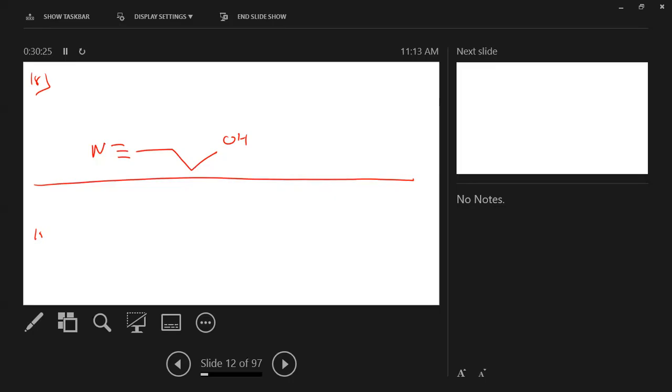We do have a nitrogen in there. So we'll draw our phenyl group. You have an ester. And you have your ketone.